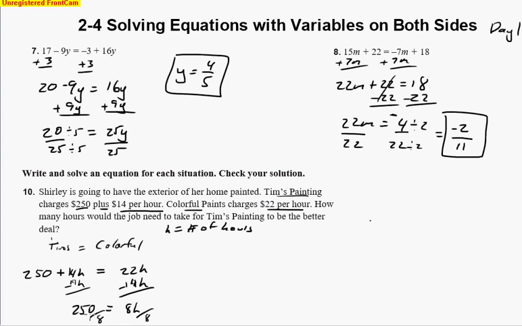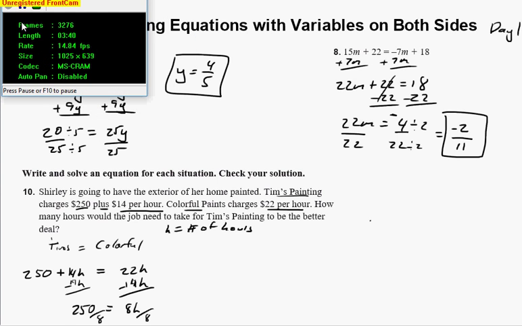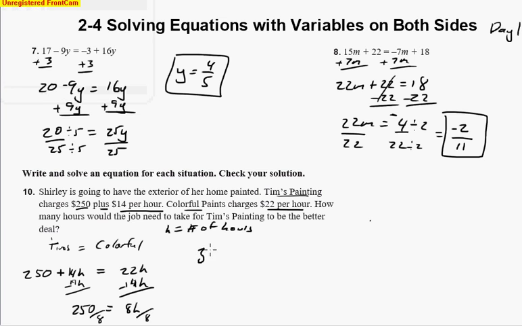And so when we go ahead and check that answer, 250 divided by 8 gives me 31.25. So it's going to take quite a few hours for that to happen. So again, we see that it took 31.25 hours for Tim to end up charging less.